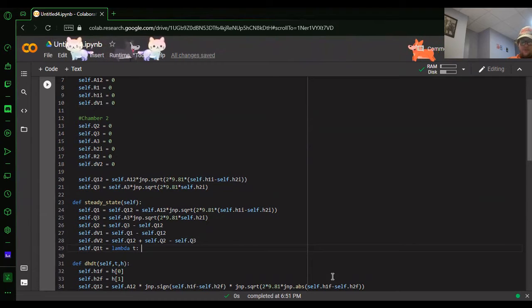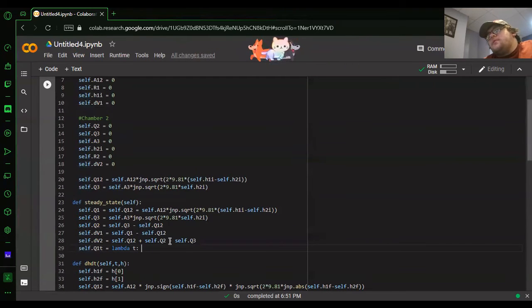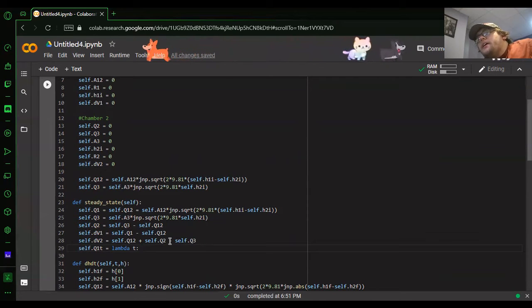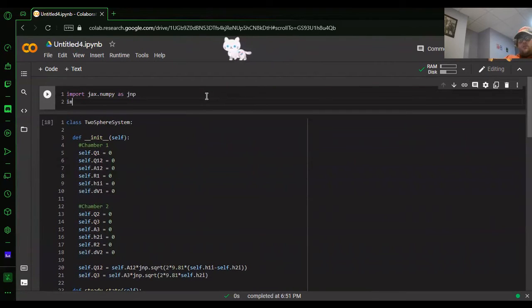So what we're going to need first is a sigmoid, where our function is compressed between two values, and when we set up a time for it to switch, it'll go almost instantaneously from the first value to the second value. So let me go back up here, and we are going to need jax.